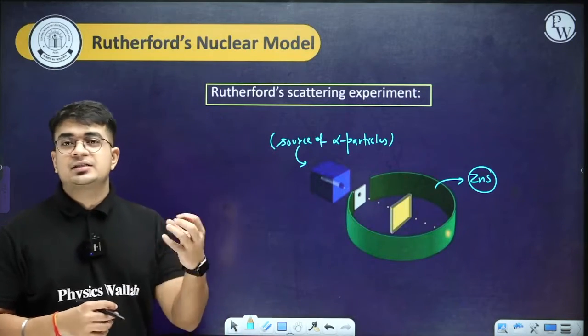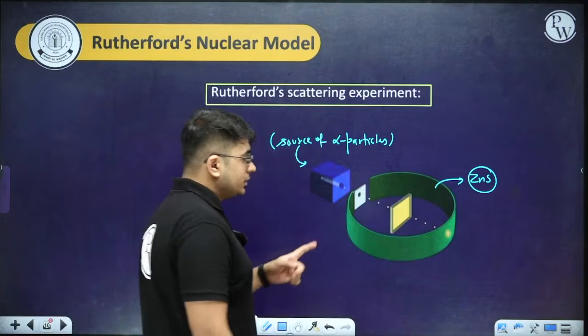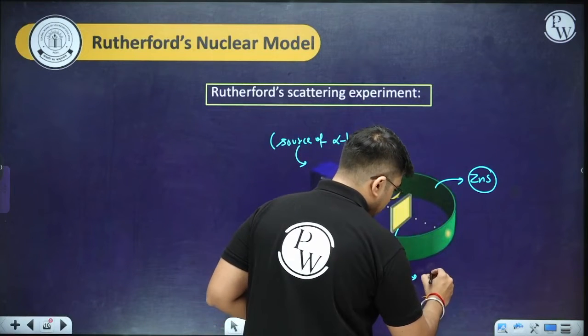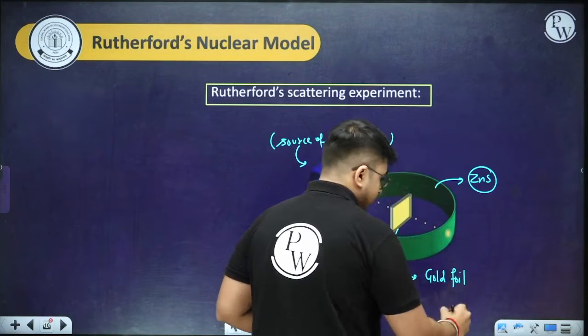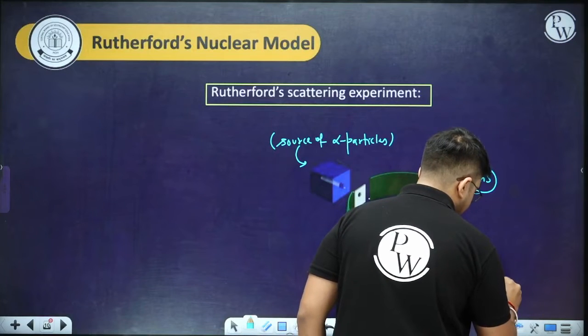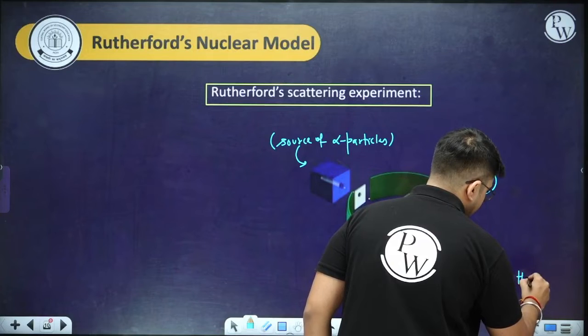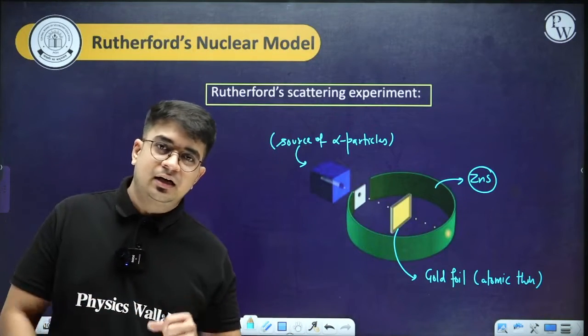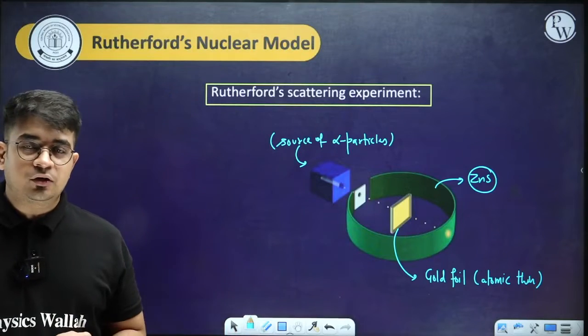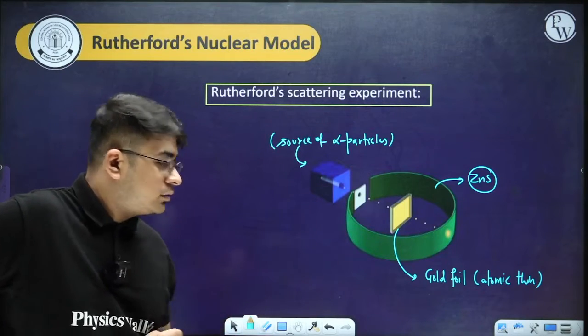Now this sheet was considered to be a gold foil of atomic thin level, meaning he created a very thin foil of gold.